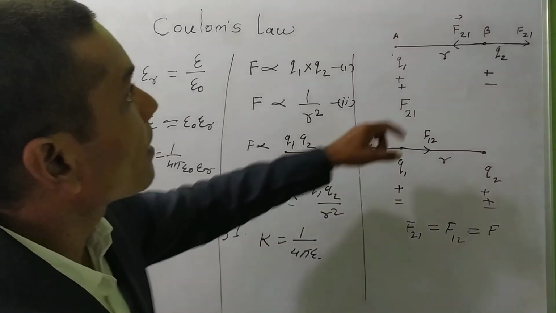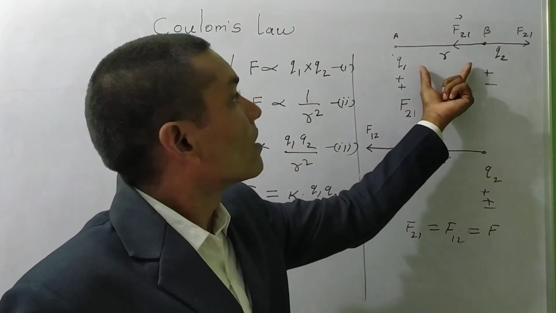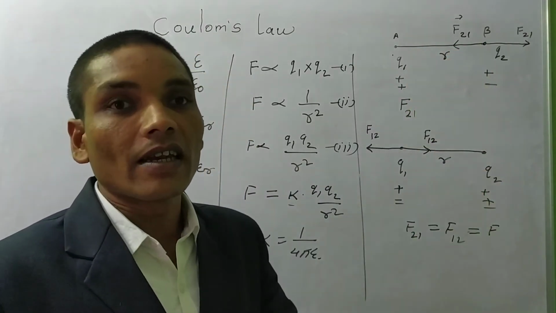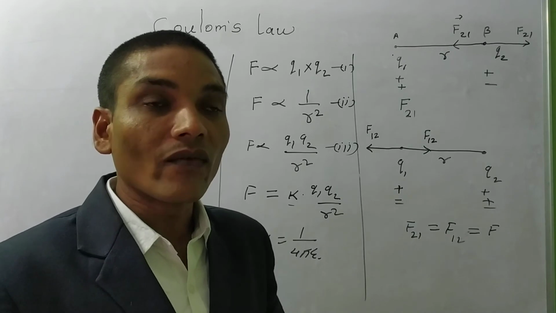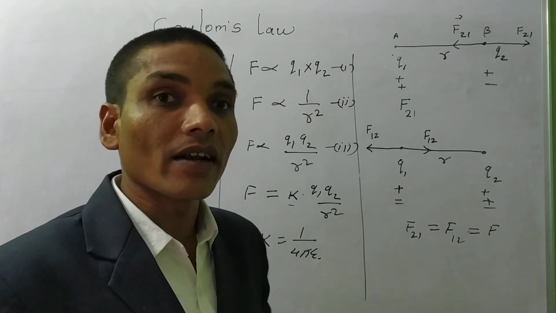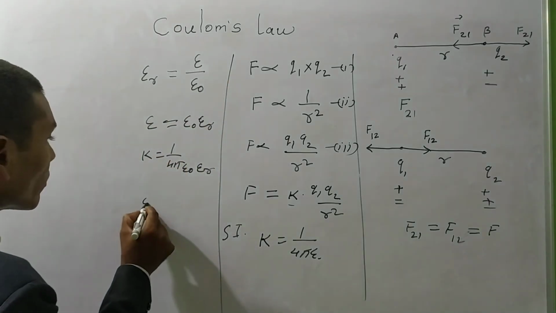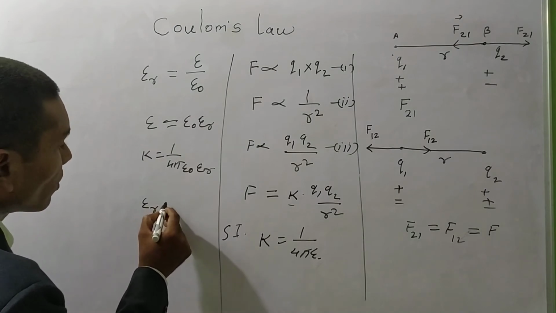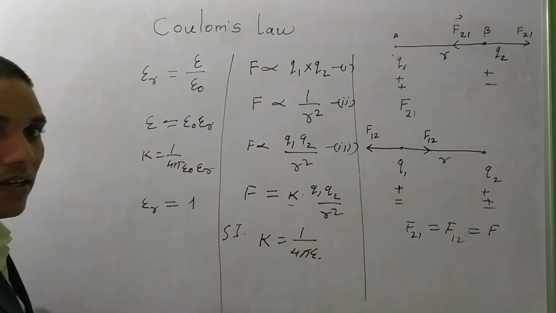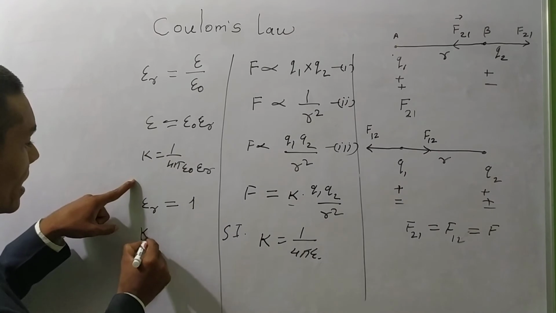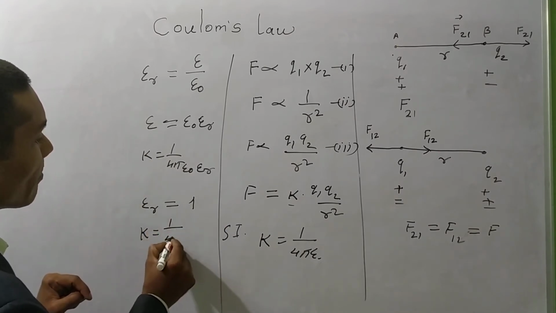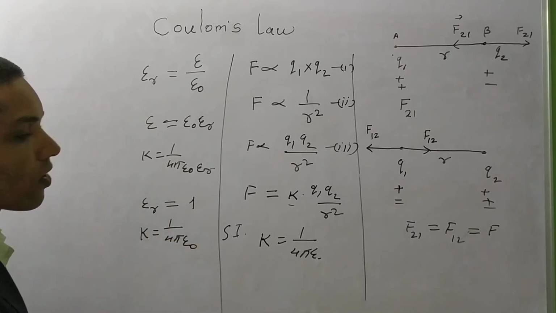If the medium is free space, meaning vacuum or air, the relative permittivity epsilon R is equal to 1. In this case, K is equal to 1 upon 4 pi epsilon naught.